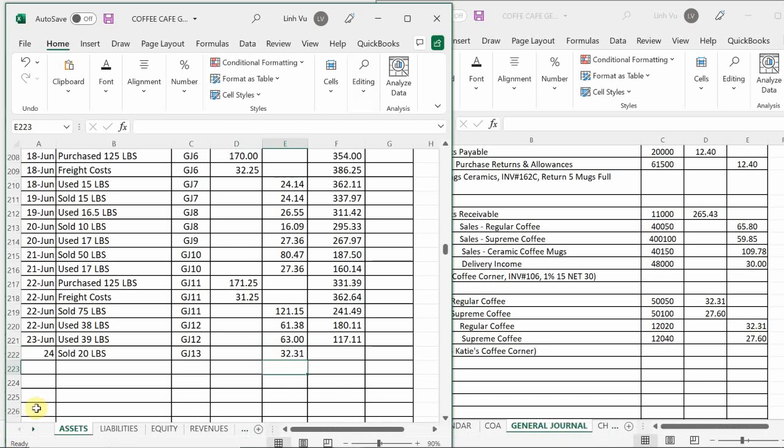What's my ending balance in my account? 84.80, which is correct.